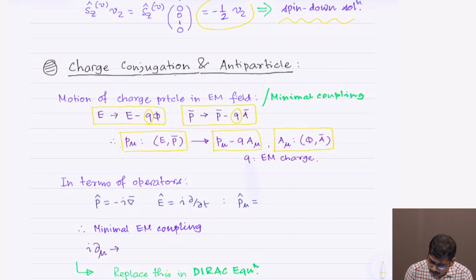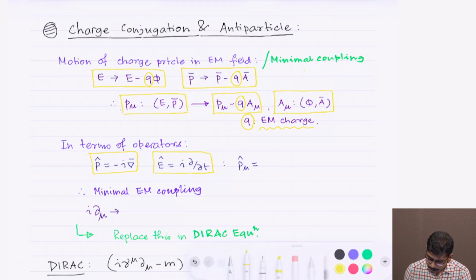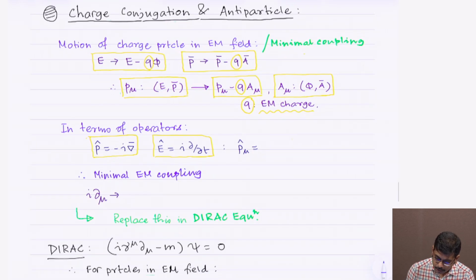And here q stands for the electromagnetic charge of the particle which is interacting with the photon field A^μ. Now, if you write it in terms of operators, we know that p can be written as −i∇, and E will be i ∂/∂t, right. So together, this p^μ operator, how should I write it?